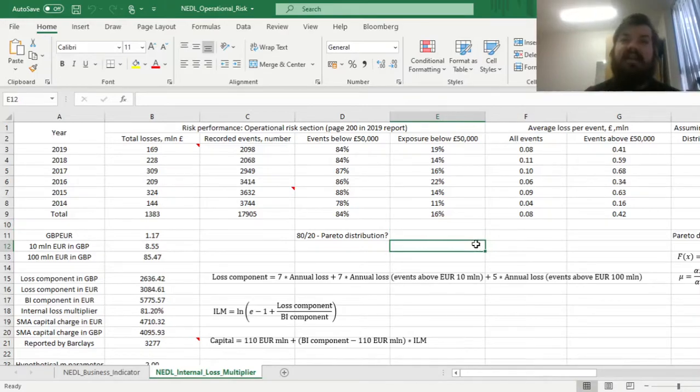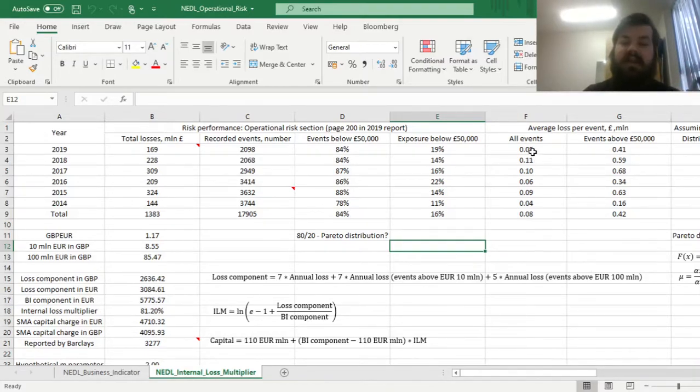And that leads us to believe that maybe the operational loss events, so the losses that Barclays is exposed to from each and every single one of these events, are actually distributed according to the Pareto distribution, the power law distribution. So how you might proxy that, how you might model that?